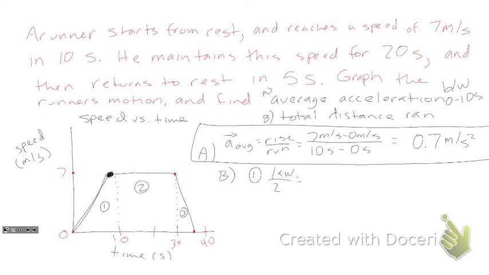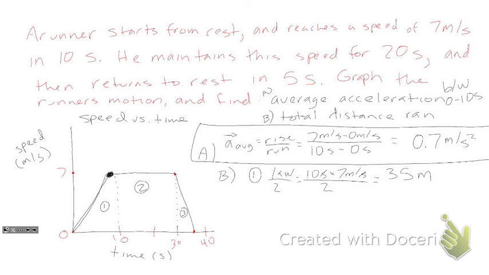My length is 10 seconds, my width, or base times height, is 10 seconds times 7 meters per second divided by 2, because it is a triangle. So 10 times 7 is 70, divided by 2 is 35. Seconds are going to cancel there. And so 35 meters is my displacement during the first 10 seconds.